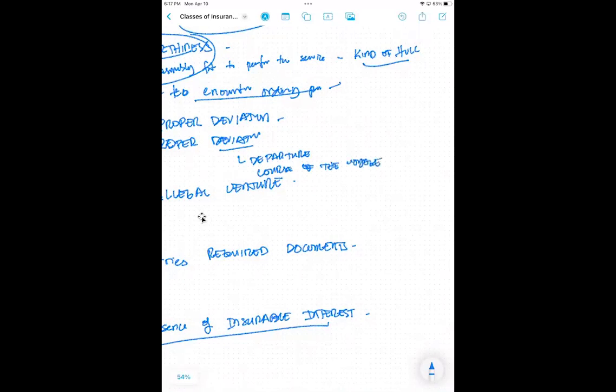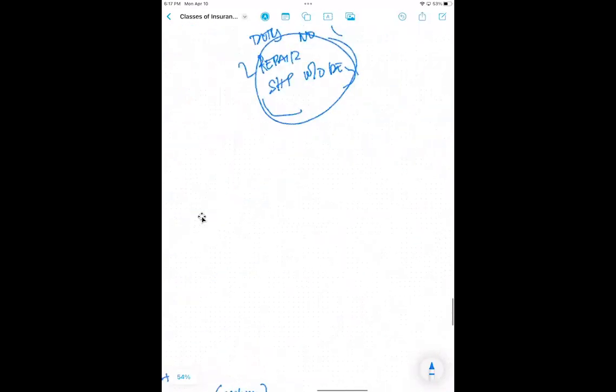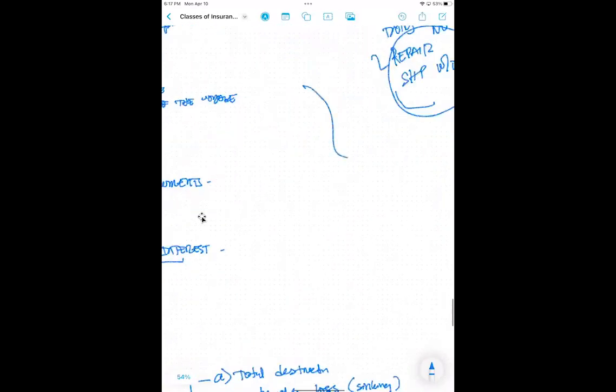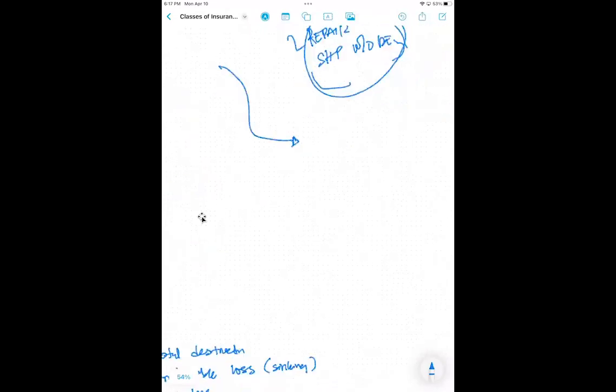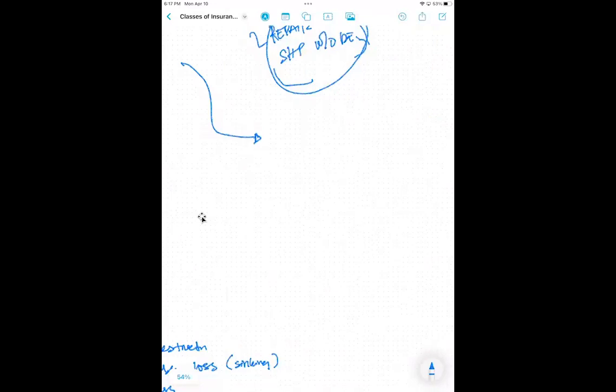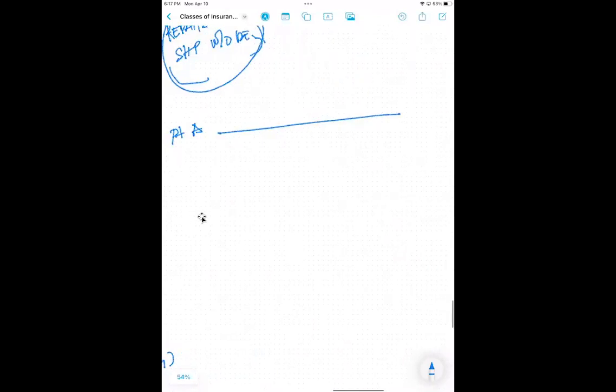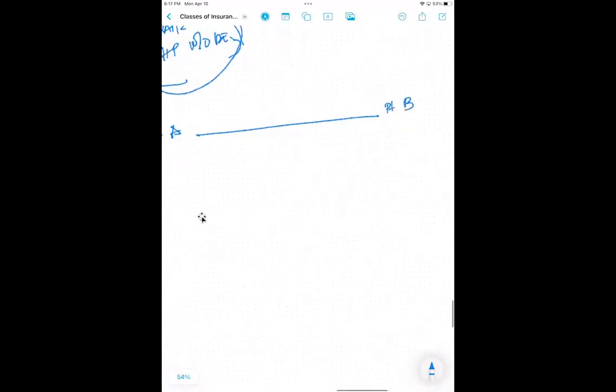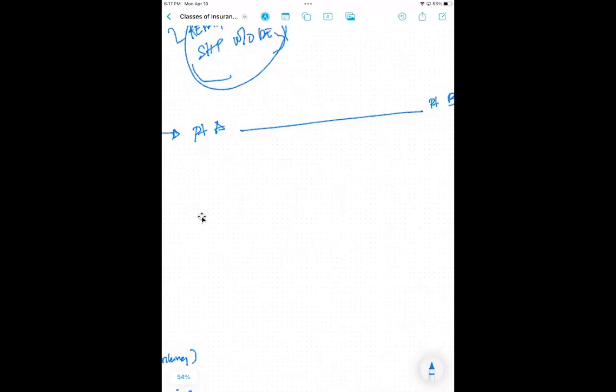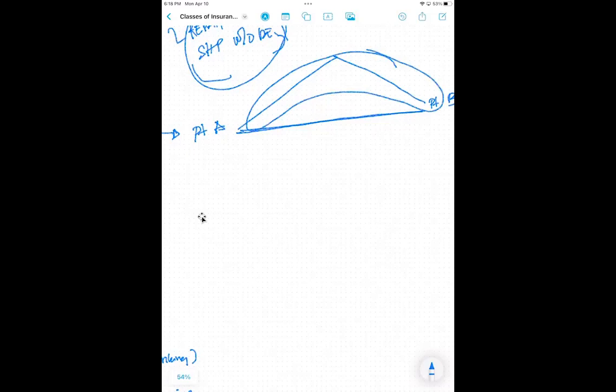So simply we can imagine that, let's say for example, from port A to port B, this is the contemplated voyage, and if the ship would go here to here, then this constitutes a deviation.